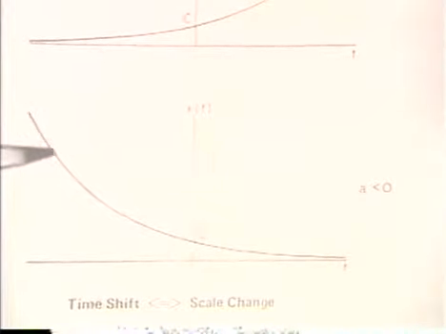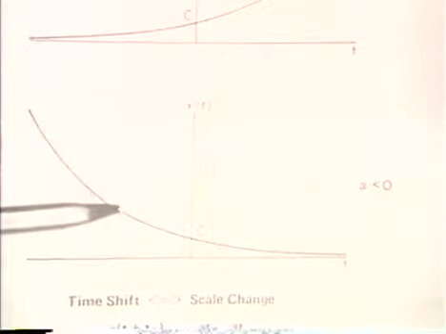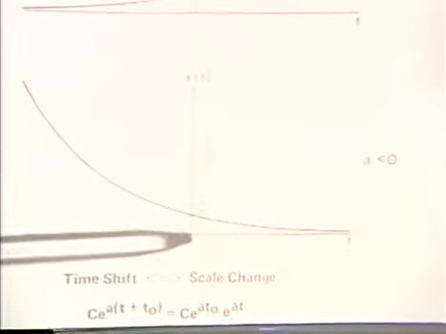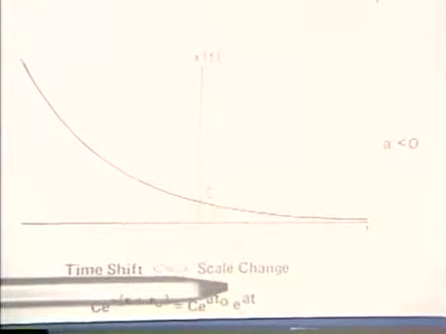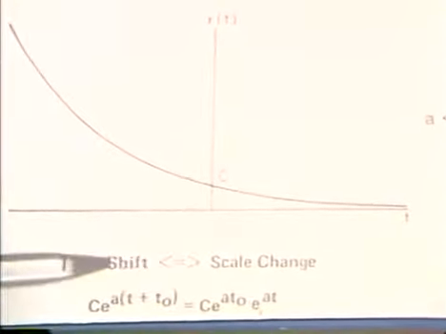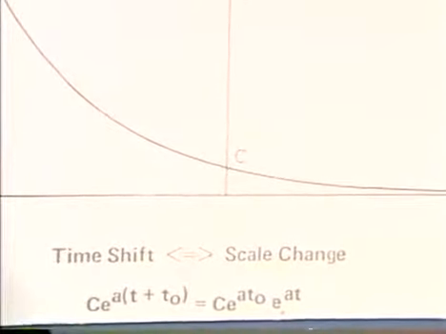Now, somewhat as an aside, it's interesting to note that for exponentials, a time shift corresponds to a scale change, which is somewhat different than what happens with sinusoids. In the sinusoidal case, we saw that a time shift corresponded to a phase change.